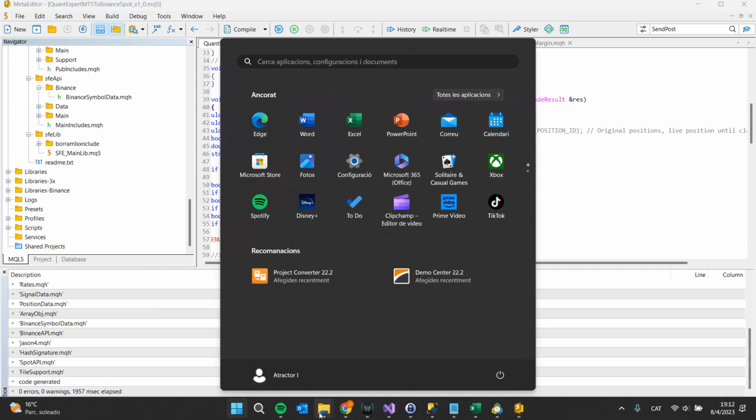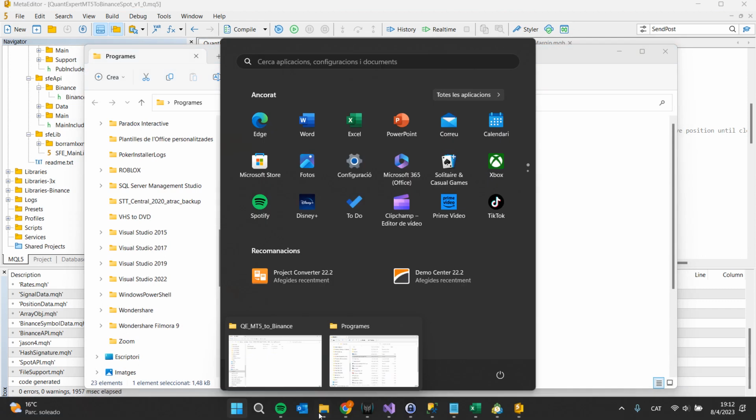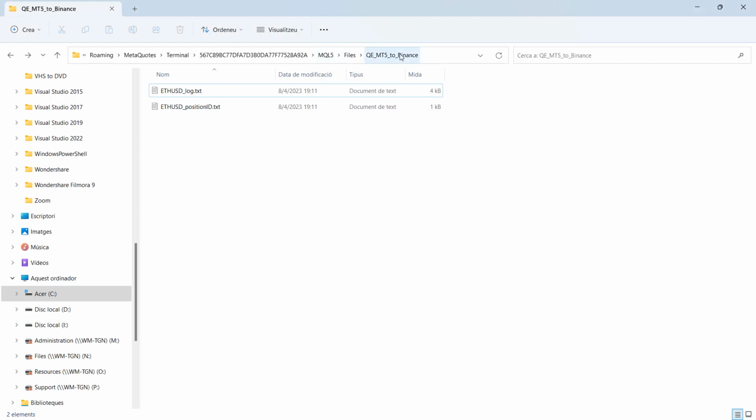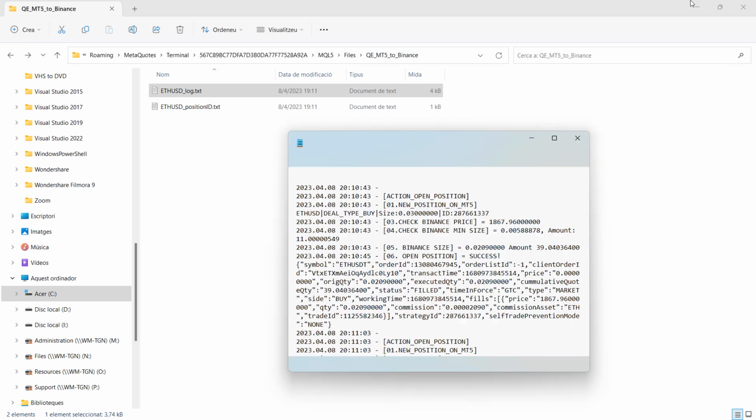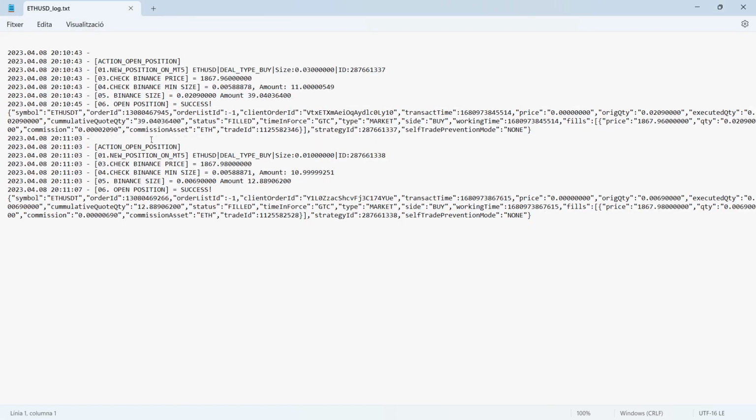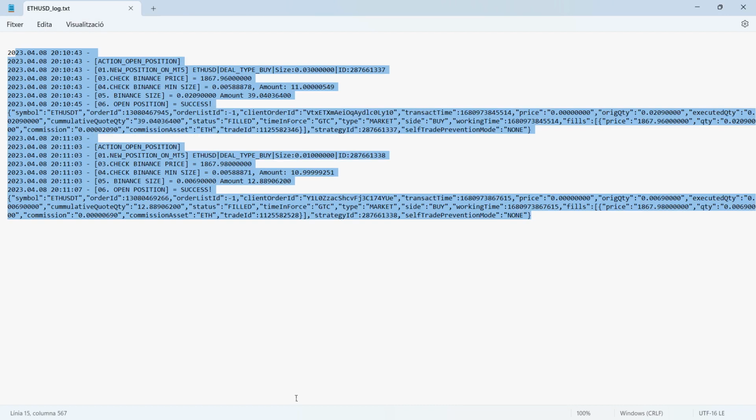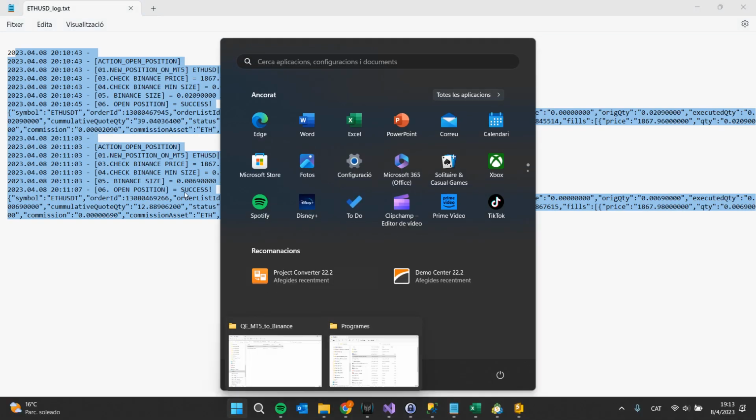You go to this folder, and here is a log. Here is a log of the trades that have been done recently, these two trades, and also the detail.